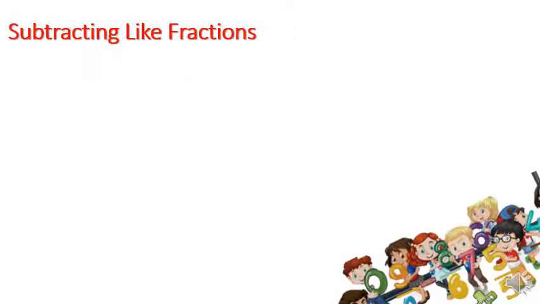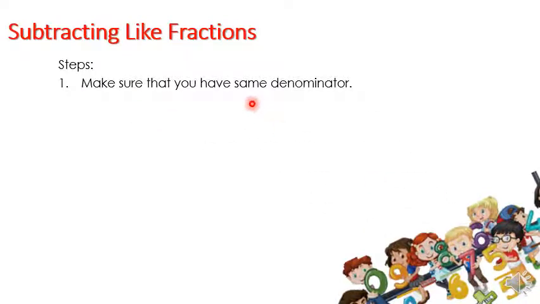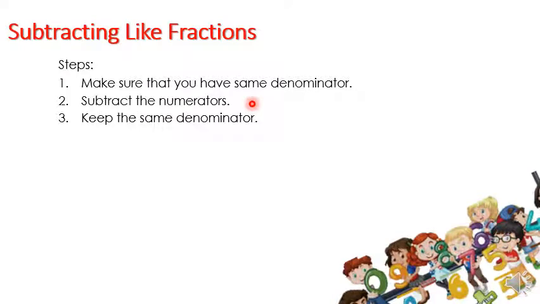Subtracting like fractions. Fractions have the same denominator. 1, we have to make sure they have the same denominator. 2, we subtract the numerators. 3, we keep the same denominator. And finally, don't forget to simplify if possible.